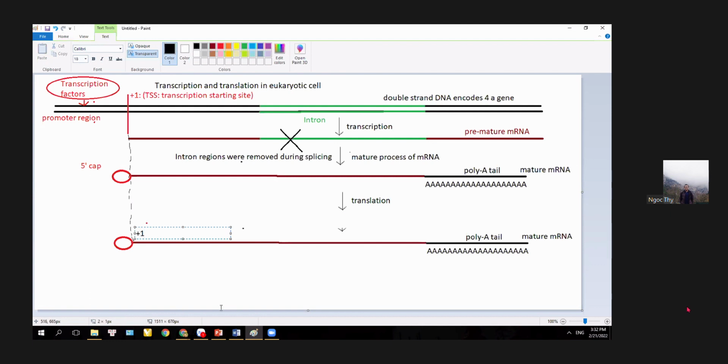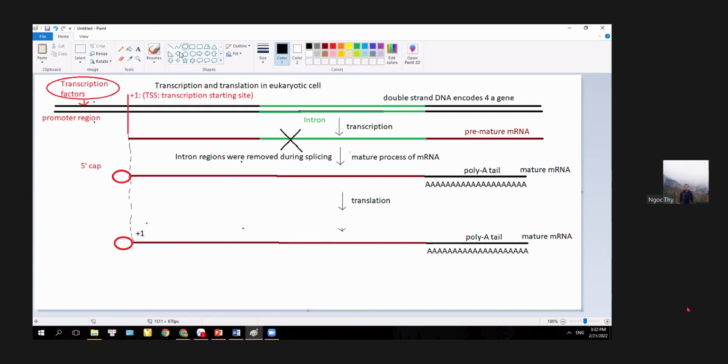As a consequence of the translation, the ribosome, with its 2 subunits, will come and bind to the mRNA and start to synthesize the polypeptide. Like the transcription factor binding in the promoter region but sliding until it reaches the transcription starting site, the ribosome will bind in here, but it will not start to synthesize the protein immediately.